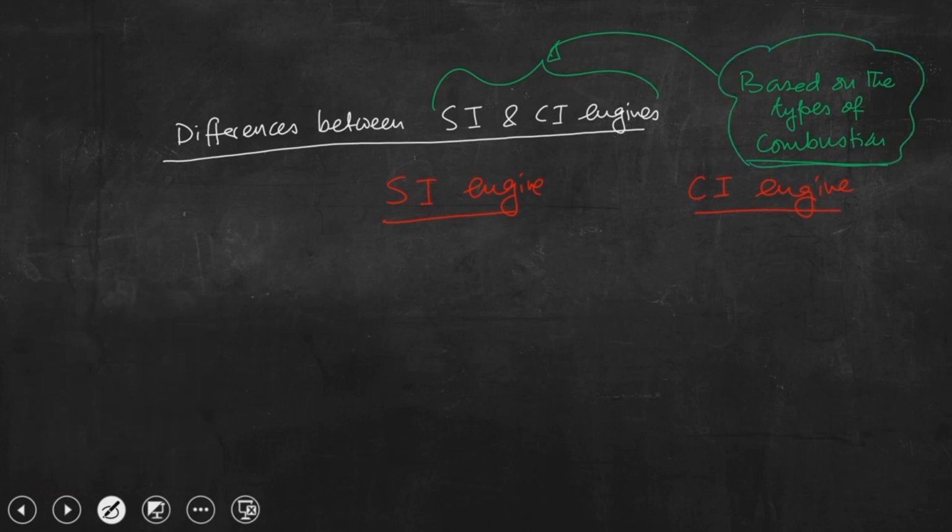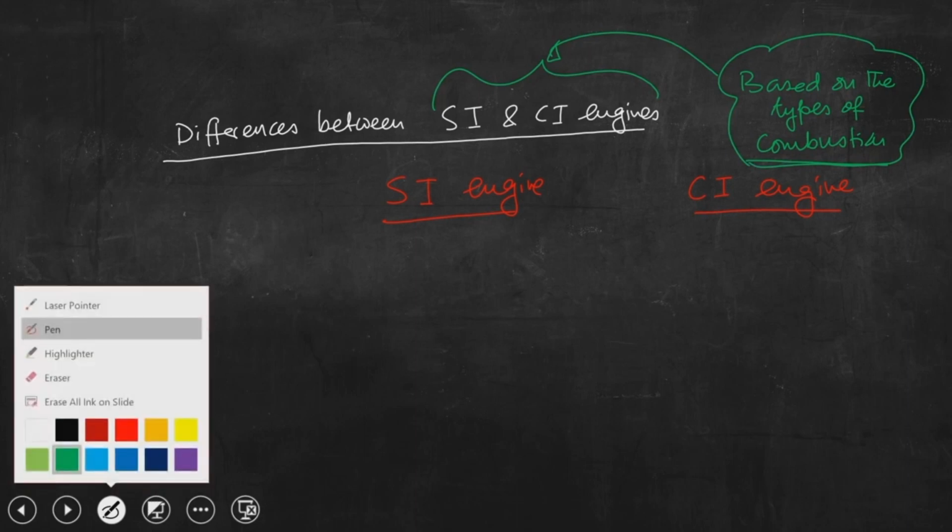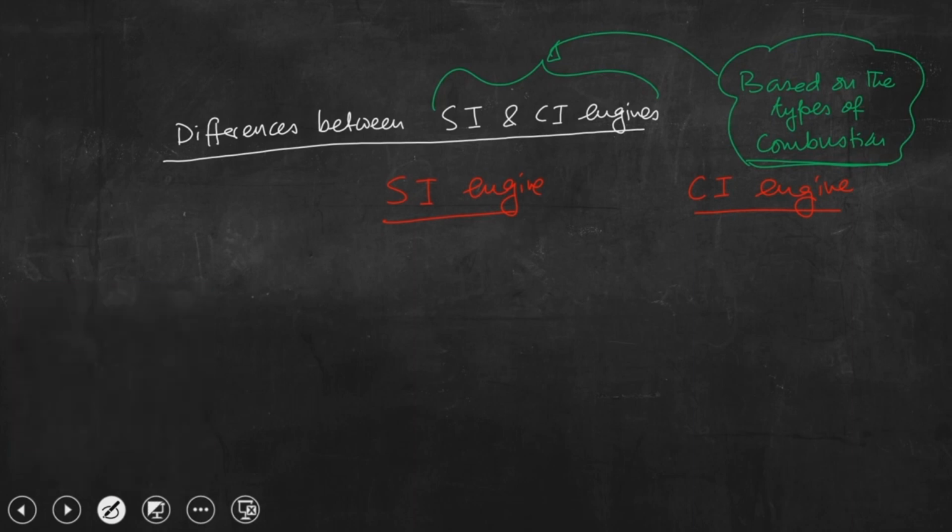While we are trying to find out the difference between SI and CI engines, let me tell you, if we try to recall internal combustion engine nomenclature, at that time we discussed that except two parts, the spark plug and the carburetor, other parts are the same for both SI and CI engines.